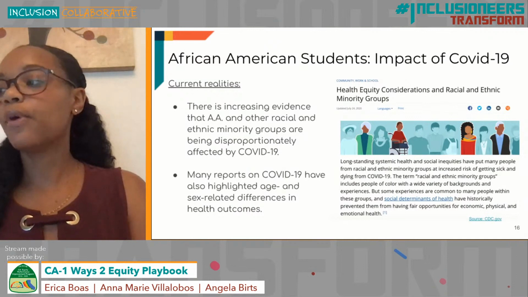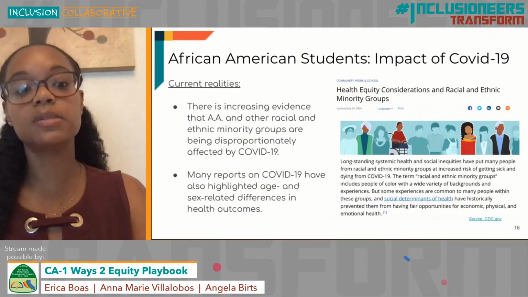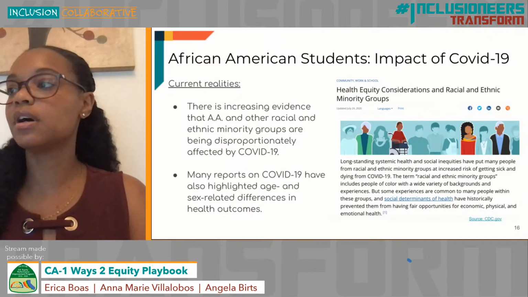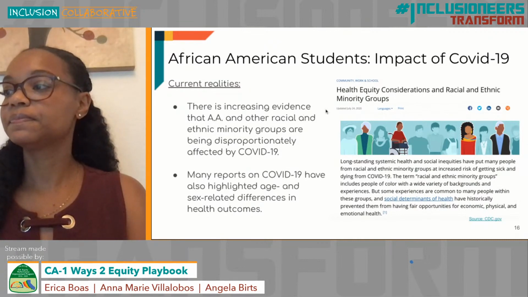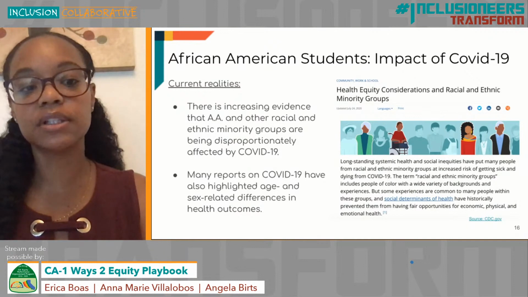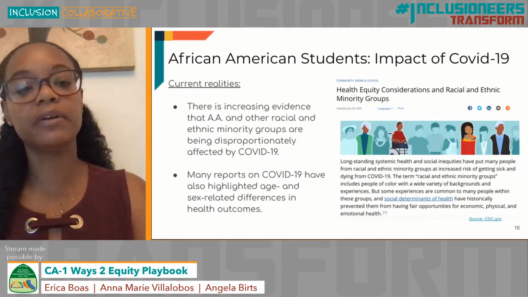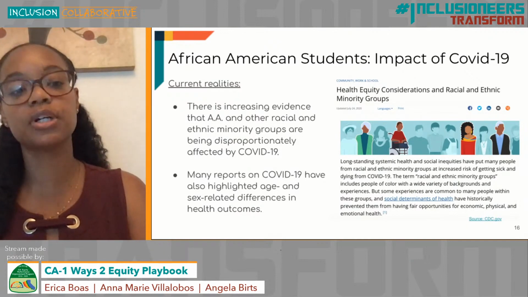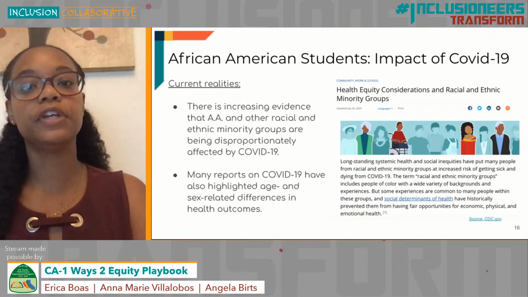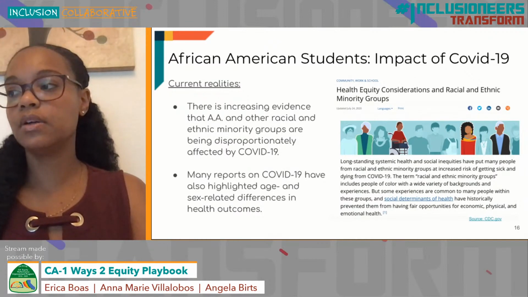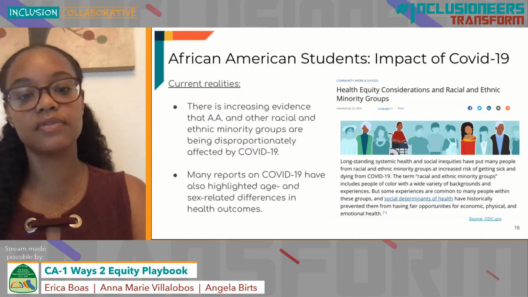The graphic to the right is of an article that speaks specifically to what those differences are, and that was produced by CDC. This raises the question, how can educators and parents support children who may be struggling with anxiety, depression, trauma, fear, food security, or homelessness as a result of this crisis?